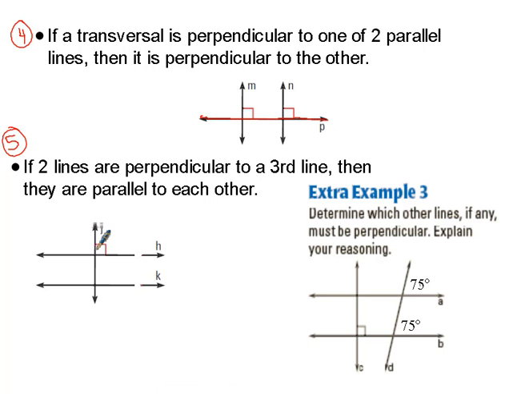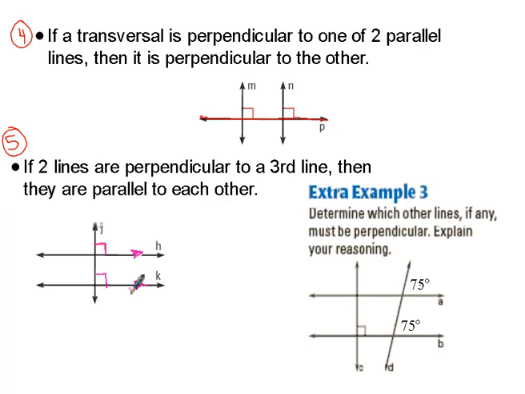So J is perpendicular to H, and K is also perpendicular. Then that's going to tell you that H and K are parallel to each other. So that's the conclusion, that these are actually parallel.